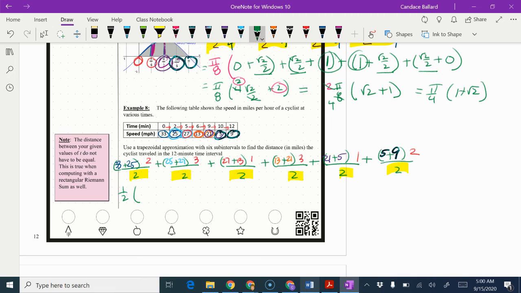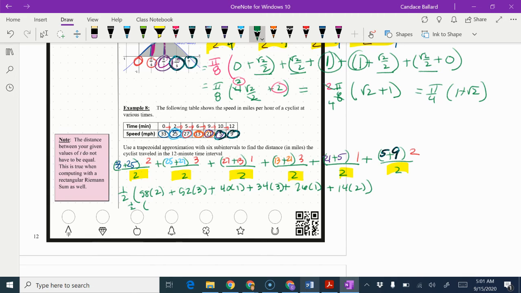So I know that I've got 58 times 2 plus 52 times 3 plus 40 times 1 plus 34 times 3 plus 26 times 1 plus 14 times 2. And then again, I'm going to keep the multiply by 1/2 out front.